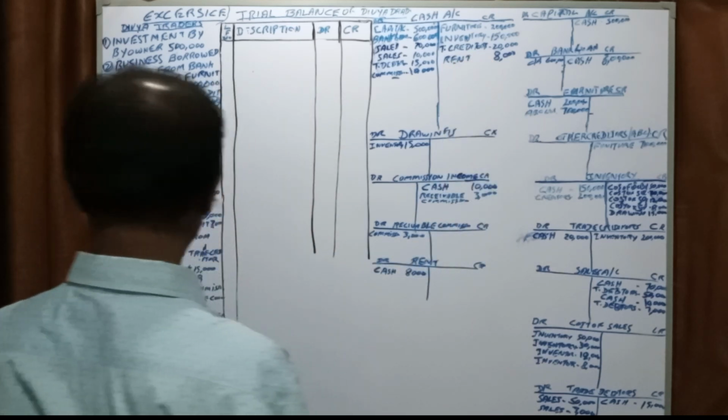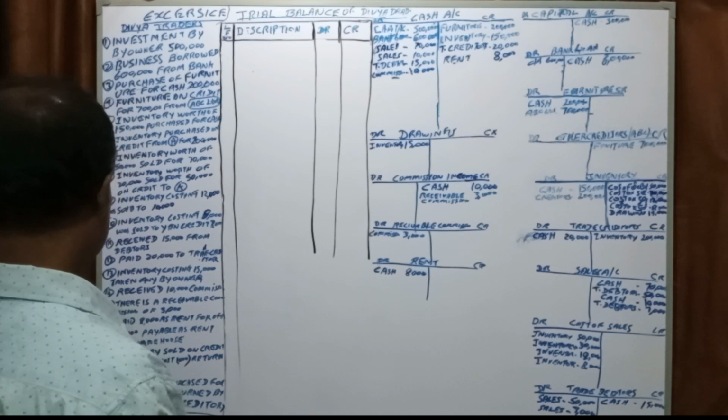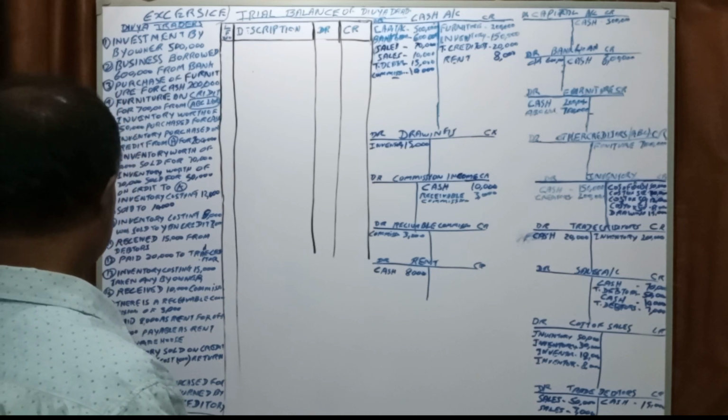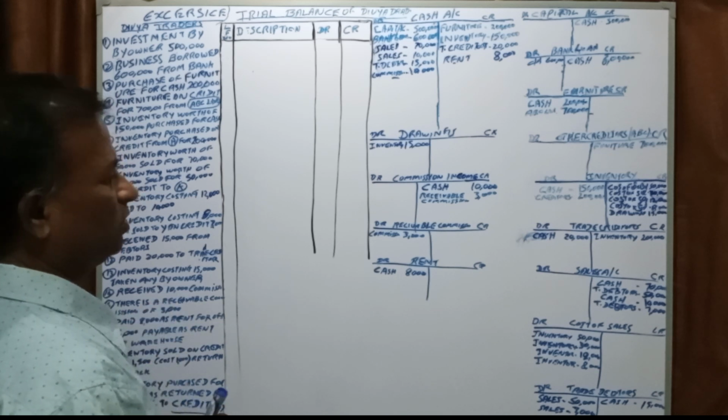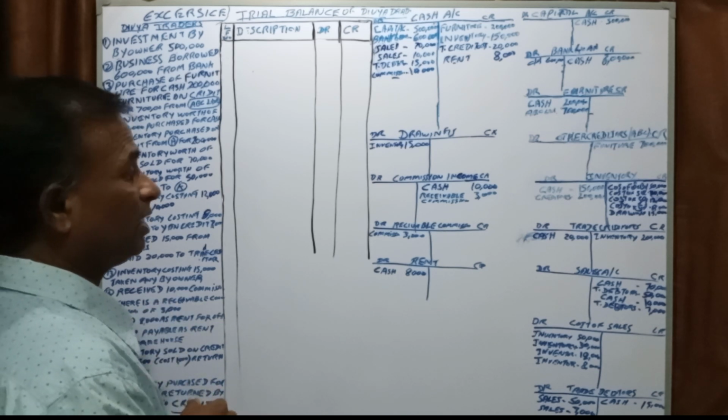And the next adjustment is adjustment number 17. 5,000 payable as a rent for warehouse. 5,000 payable as a rent.